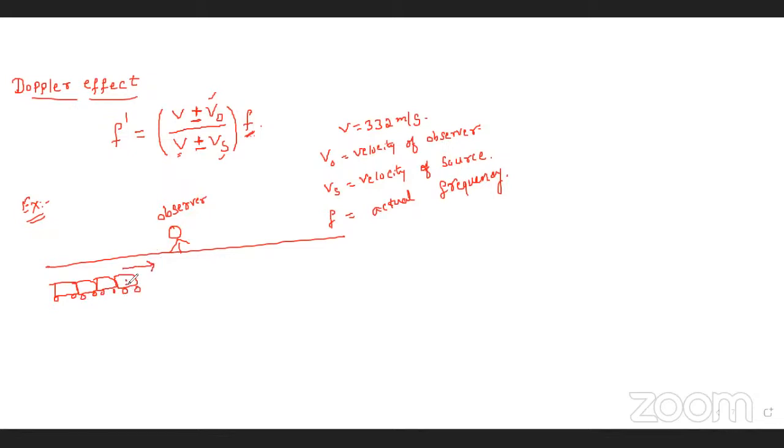This train is emitting a horn of particular frequency F. When the horn is sounded, the wave reaches the observer with frequency F dash. What is the frequency heard by the observer? The frequency heard by the observer is F dash.